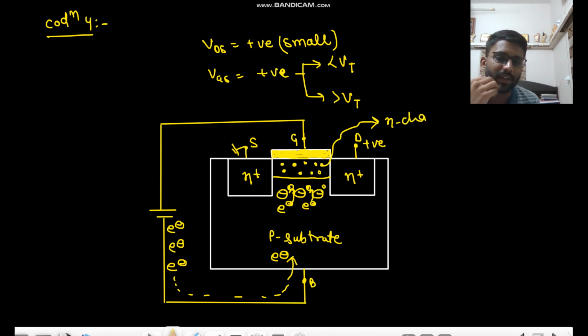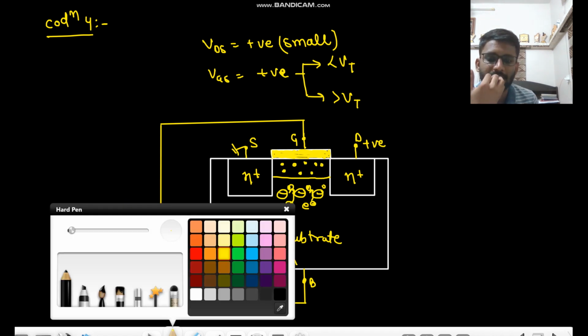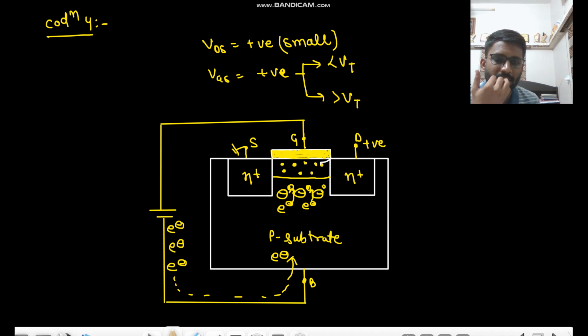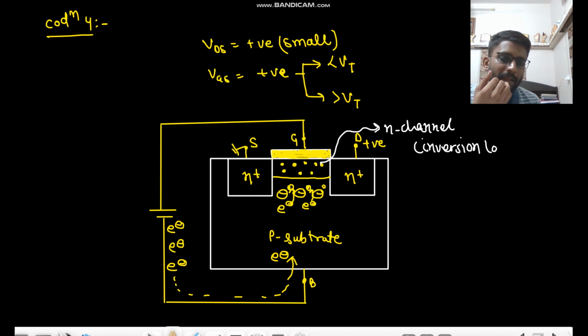And the channel we can call it. And channel it is. So the N channel is getting formed, the inversion layer.